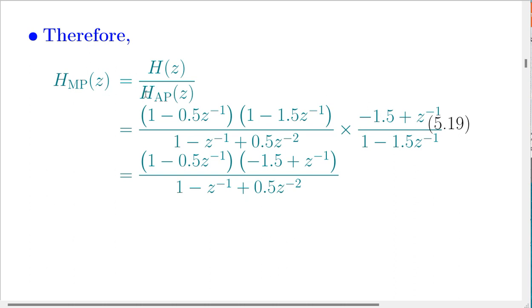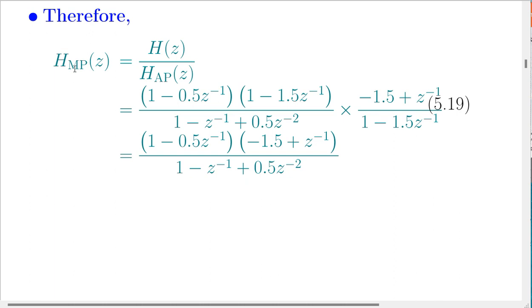Okay, it's related to h all pass of z, which will lead to having (1 minus 0.5 z^-1) times (minus 1.5 plus z^-1) over the same story for the denominator. Okay? So you have defined the minimum phase part of the system.